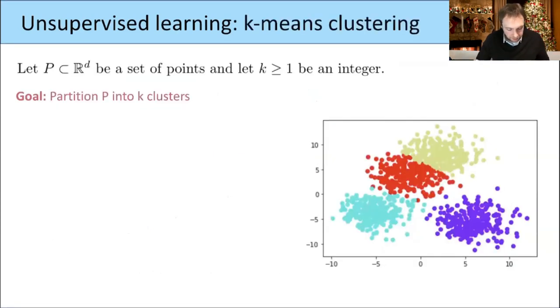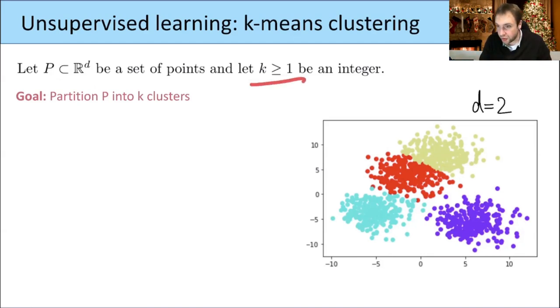So more precisely, what we will have is a subset in R^d. Well, in this picture here in the homework, the d will be 2. And we have some integer k, which we will choose. And later we will discuss how to choose this k.